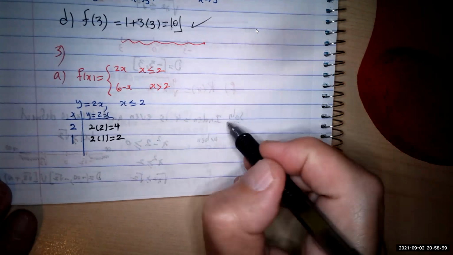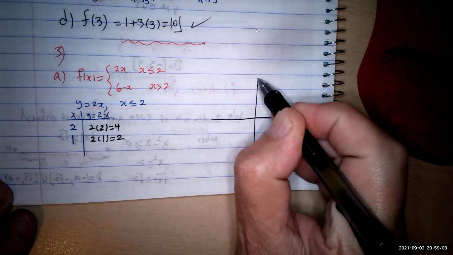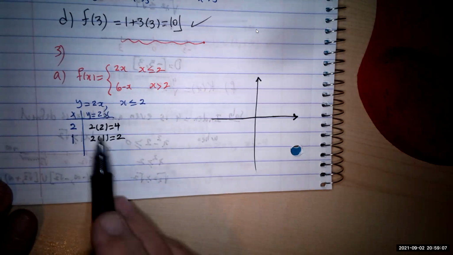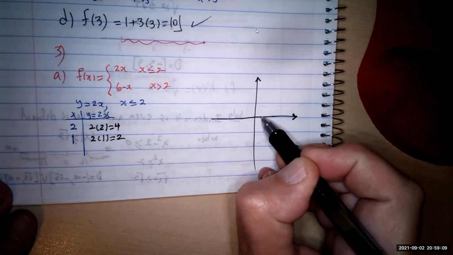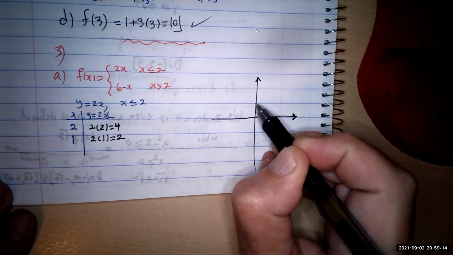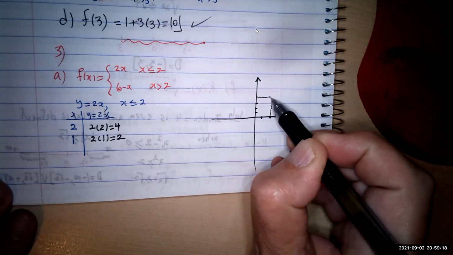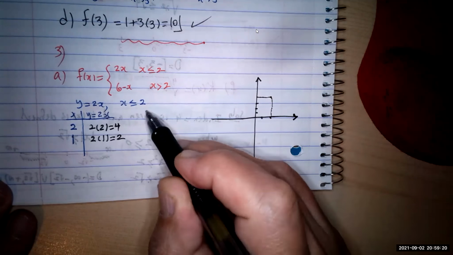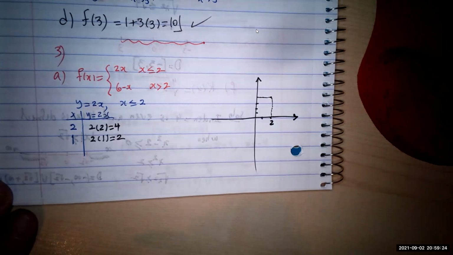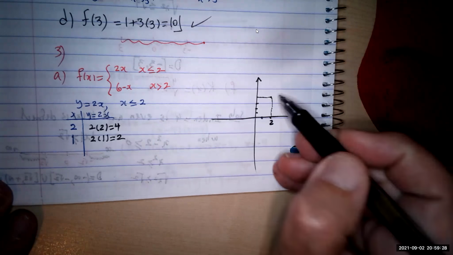Now we're going to graph this part first. So you can locate the point 2, 4, x equal to 2, y equal to 4, and 1, 2. Those restrictions, x less than or equal to 2. We talked about it: if there is an equality sign, you make a solid point here.